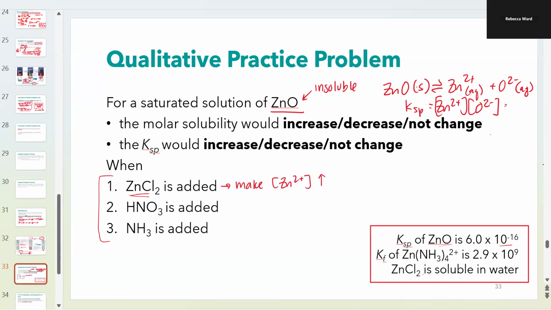So now this number gets really big, which means that if I'm going to hold Ksp constant, which I have to, I need to consume some O2-. And the only way to do that is to make some more zinc oxide, which means that we've decreased the molar solubility of our zinc oxide by adding in zinc chloride. This is the common ion effect.